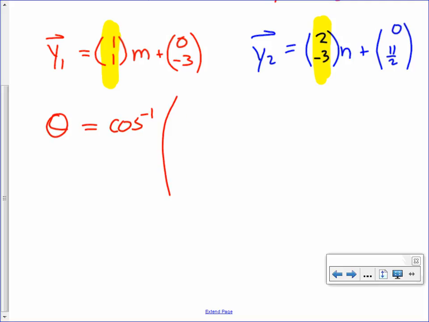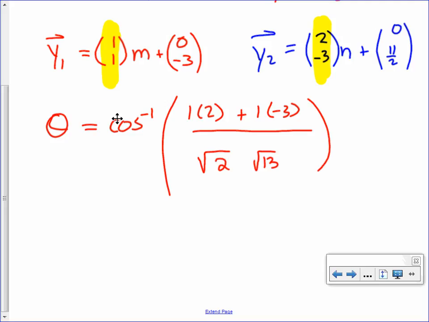So 1 times 2 plus 1 times negative 3 over the square root of 1 plus 1 is 2 times the square root of 4 plus 9 is 13. You only need the direction because the direction tells you the direction of the rays, so you can figure out the angle between.